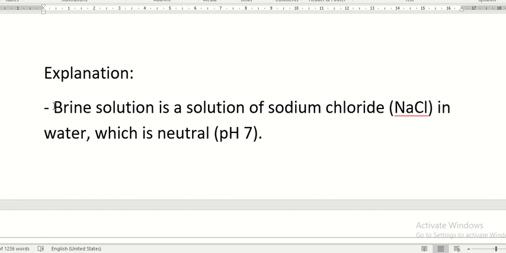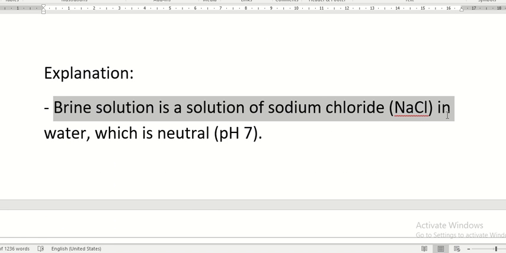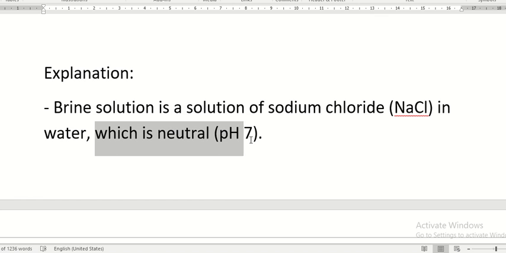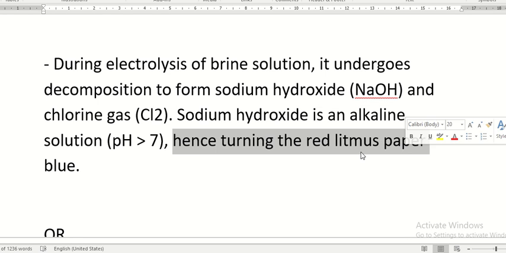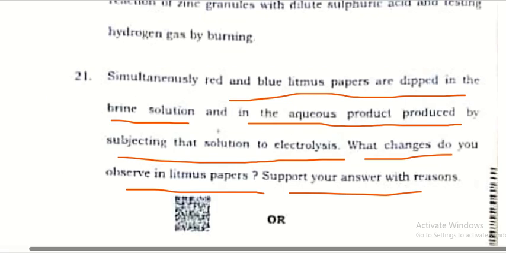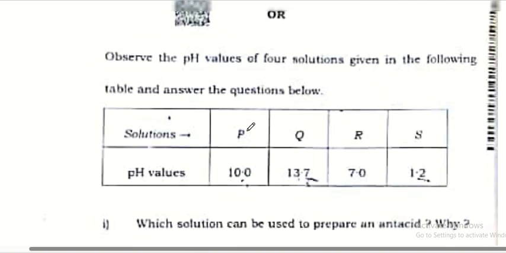Explanation: brine solution is a solution of sodium chloride in water, which has a neutral pH, therefore there is no color change in the litmus paper. And during electrolysis, brine solution undergoes decomposition to form sodium hydroxide, along with chlorine gas. Sodium hydroxide is alkaline, so it turns the red litmus paper blue. So then we move on to the next one.